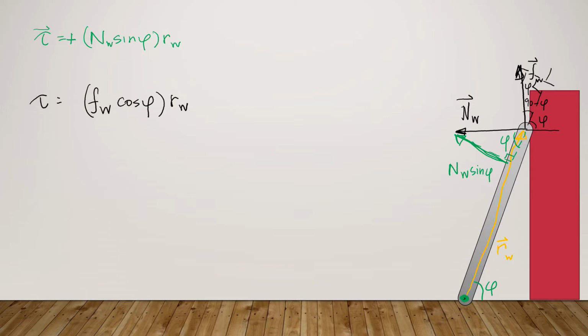And if I, again, think about my axis being down here at the bottom, push up on the end, that's going to also give me a counterclockwise rotation, so I can write the torque vector as plus.